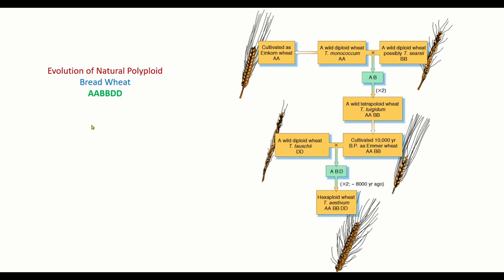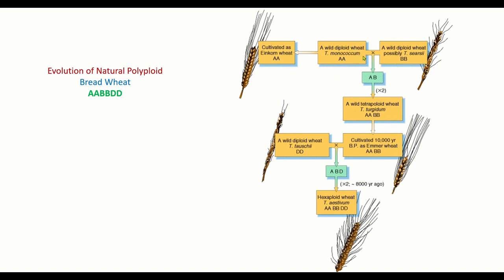Coming to the next one, we have the evolution of natural polyploid, which is most important: bread wheat, represented by AABBDD as its genetic constitution. First of all, its origin starts with a wild diploid species called Triticum monococcum, which has the chromosome set AA, and in some countries it is cultivated as einkorn wheat.